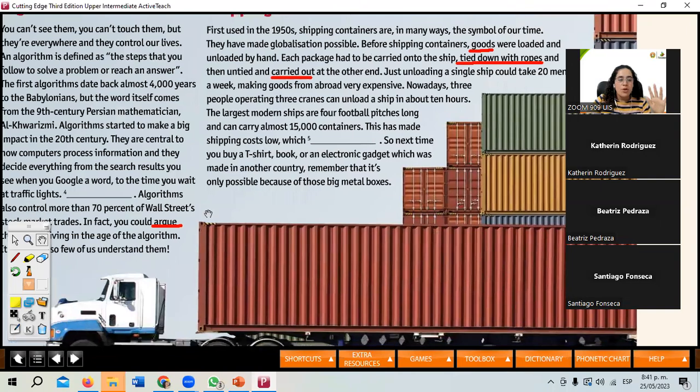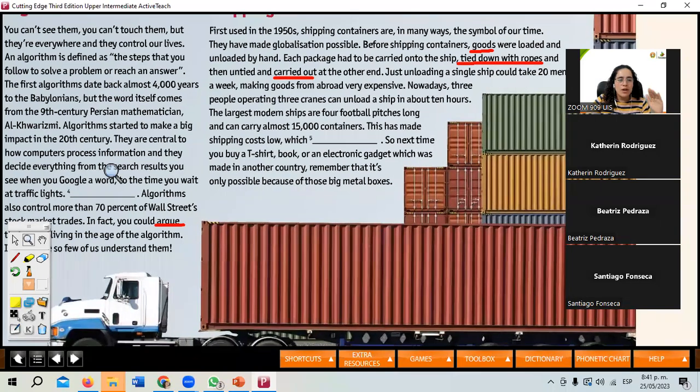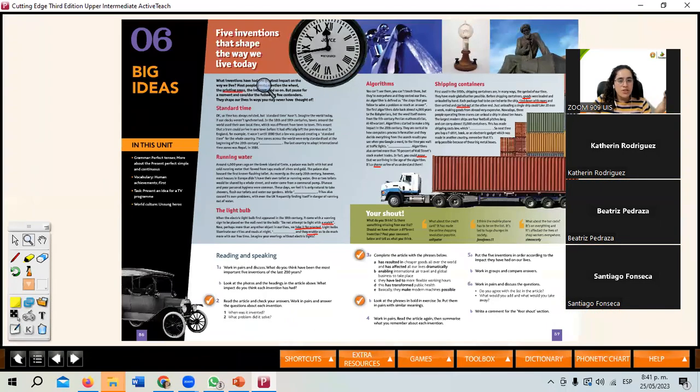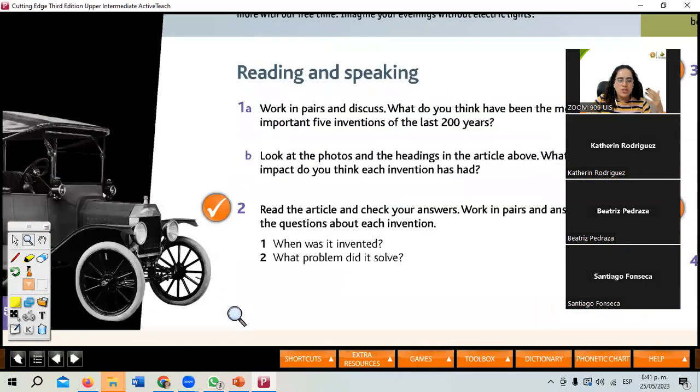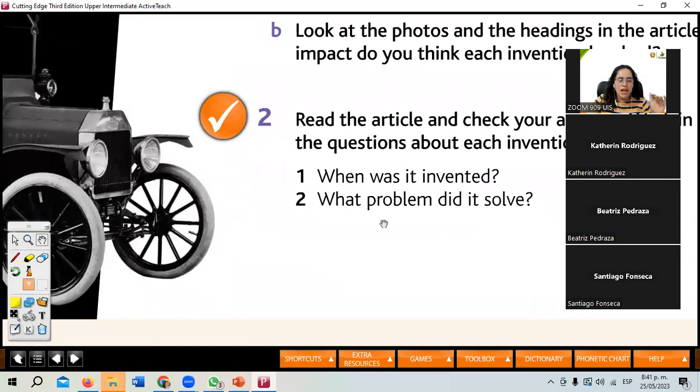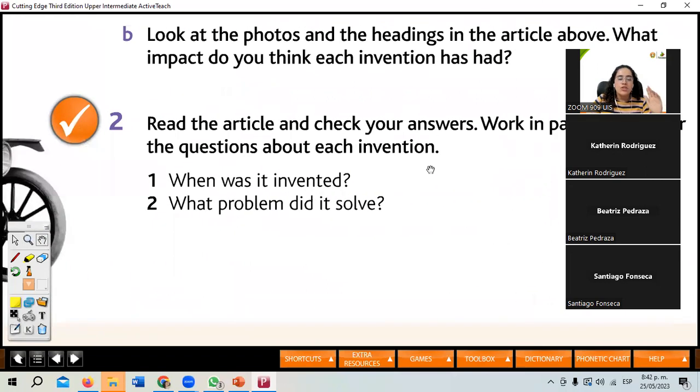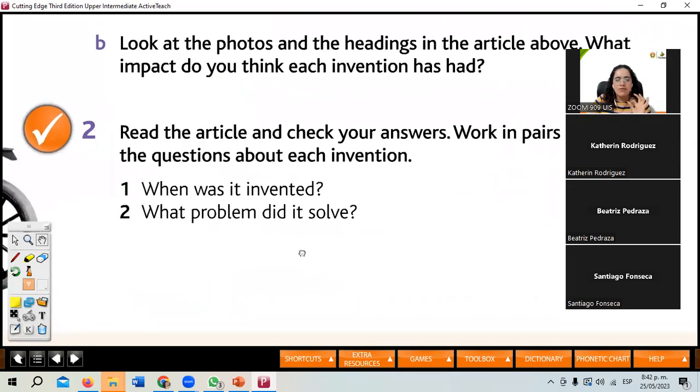All right. So we have all the information about some important inventions in our daily lives. So to answer these questions, I will give you 5, 6 minutes to read the text quickly again and find this information. When was each thing invented?